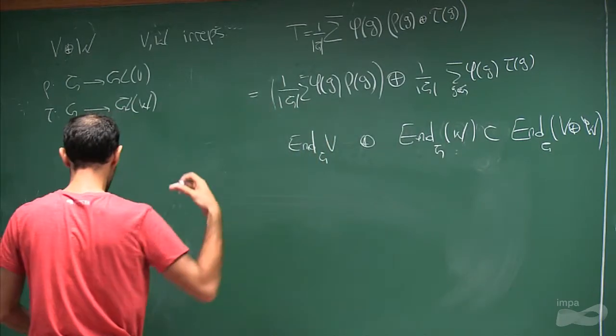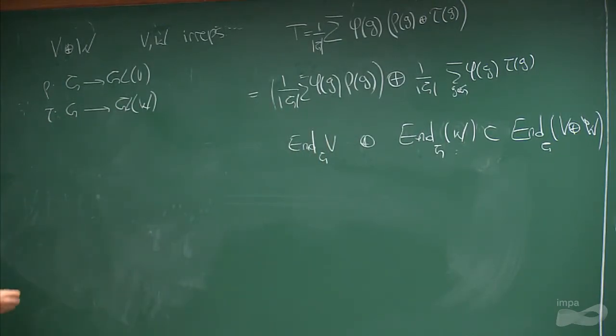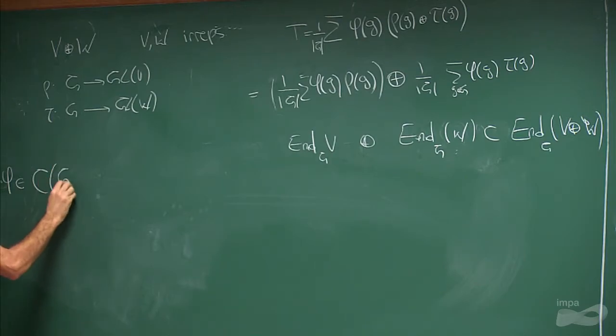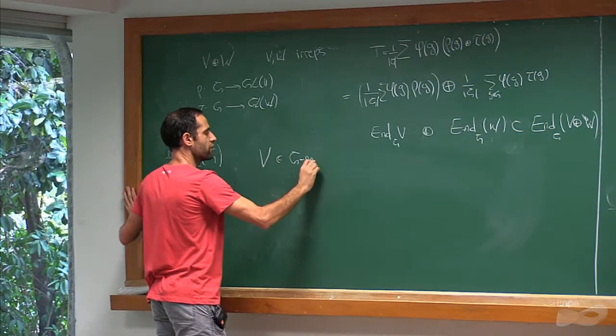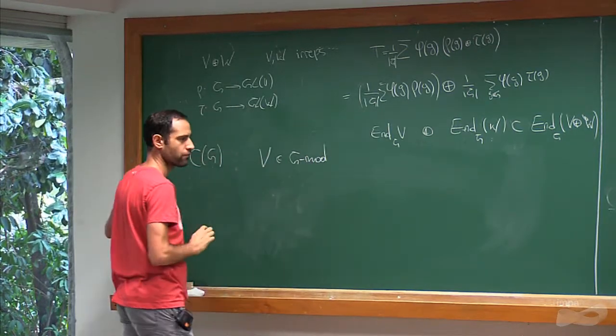And this was now for any representation. So let's take phi a class function on G, and V any G representation.